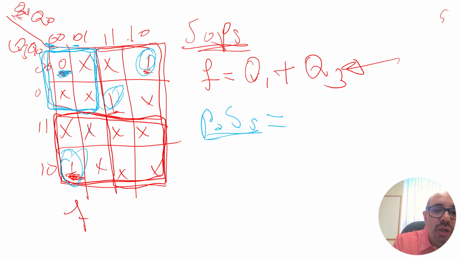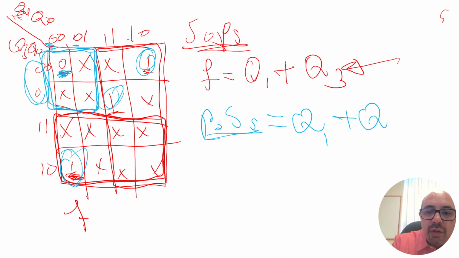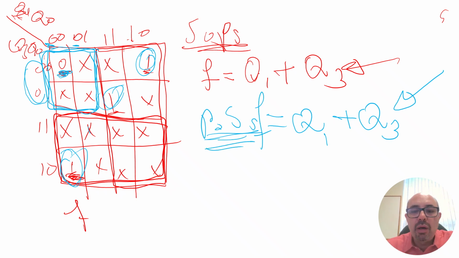But because we are doing product of sums, because it's 0, it will be non-inverted here. And I have this here, so Q3 is not changing also, and I have Q3, and this is F for product of sums. This example gives me the same equations for F, whether I'm using sum of products or product of sums.